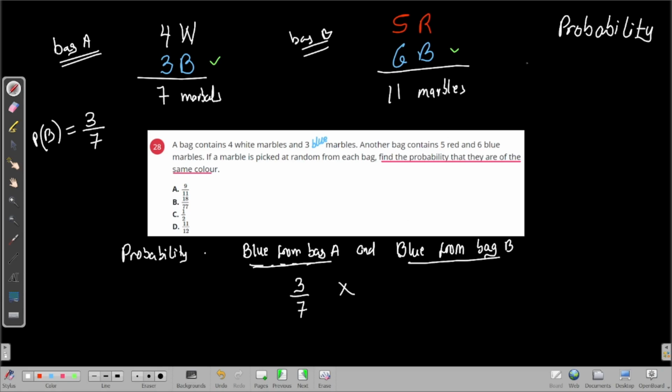That's the number of blue marbles, which is 6, divided by the total number of marbles, and that's 11. And my answer is what? 18/77. Okay, I hope that is understood.